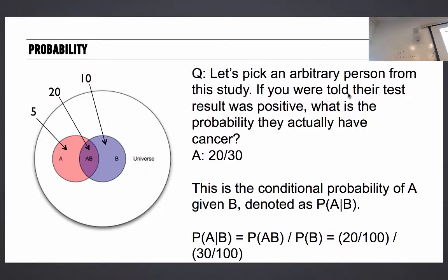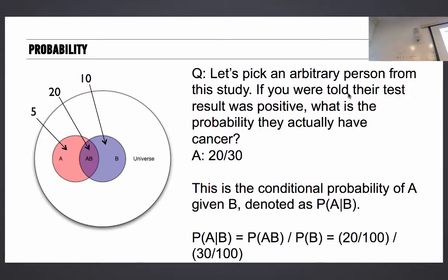If I tell you that a situation holds, and then I ask for the probability of something else, that's called conditional. It's conditional because the probability of the one thing depends on the other. So when I write the probability of A, and this bar means given that B is true, that's what this notation means.